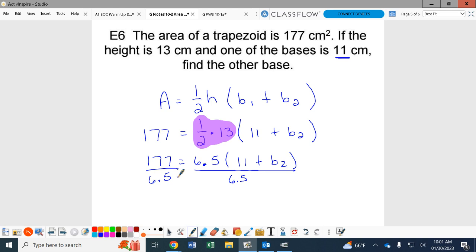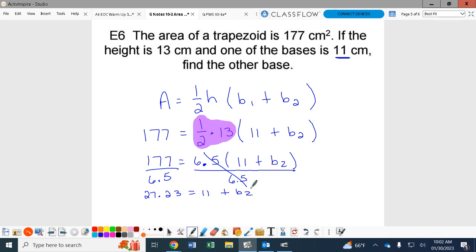Now, I think this is an ugly number, so you're going to have to round it to 2 decimal places because we're in the middle of the problem. It's like 27 point what? I need 2 decimal places. 27.23 equals 11 plus B2. So I've canceled that out. What's my last step?